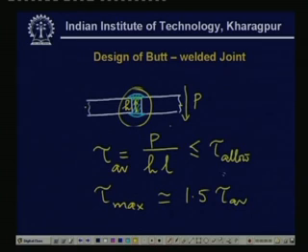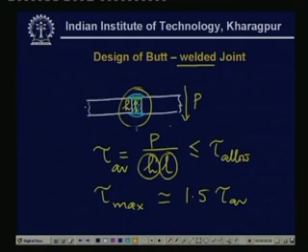So, from this data we can design what will be the H of the fillet, or H of the butt welded joint, or sometimes L, or maybe sometimes P max, etc.